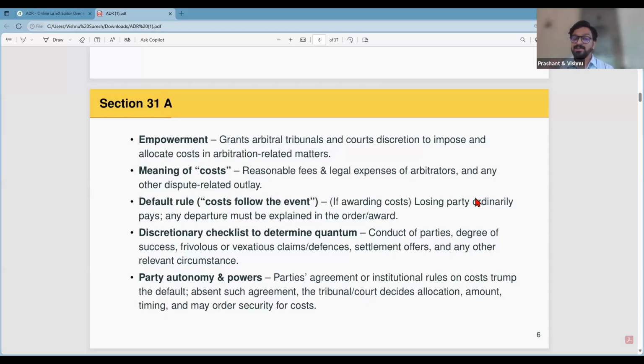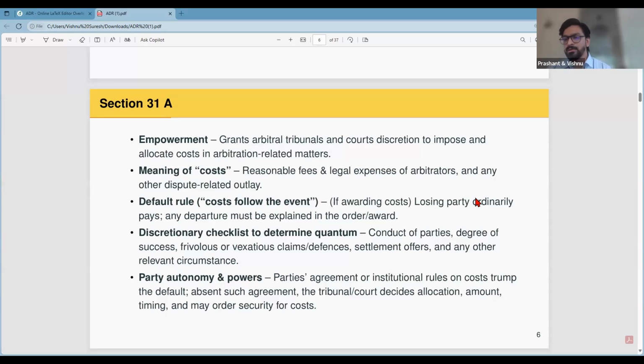The section also has a discretionary checklist to determine quantum of the cost. This checklist includes the conduct of the party, the degree of success of the party, how many claims were won between them, the frivolous nature of the claims and defenses, and whether any settlement offers were made by any of these parties.